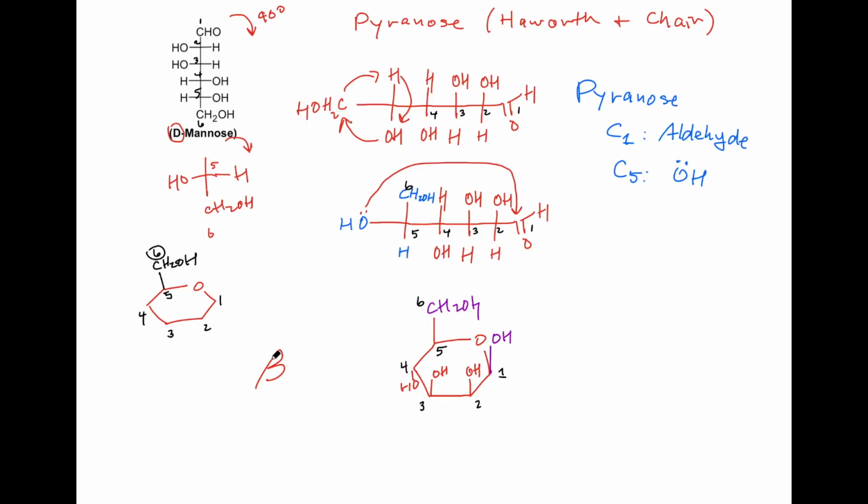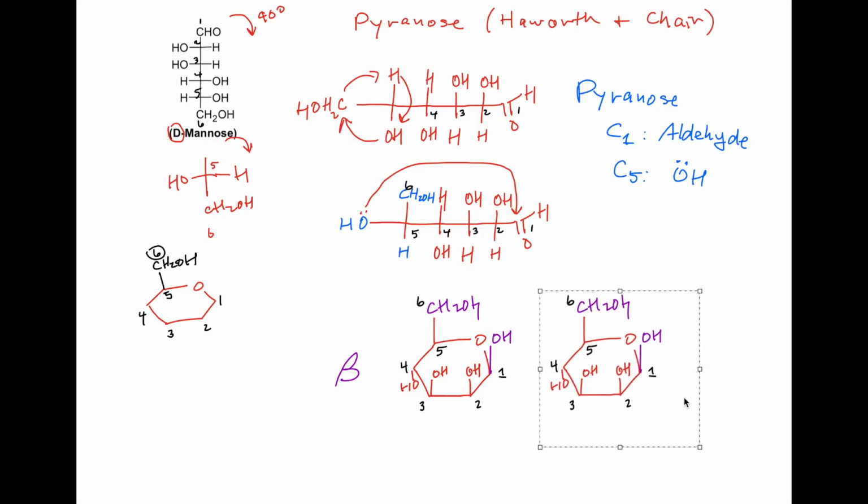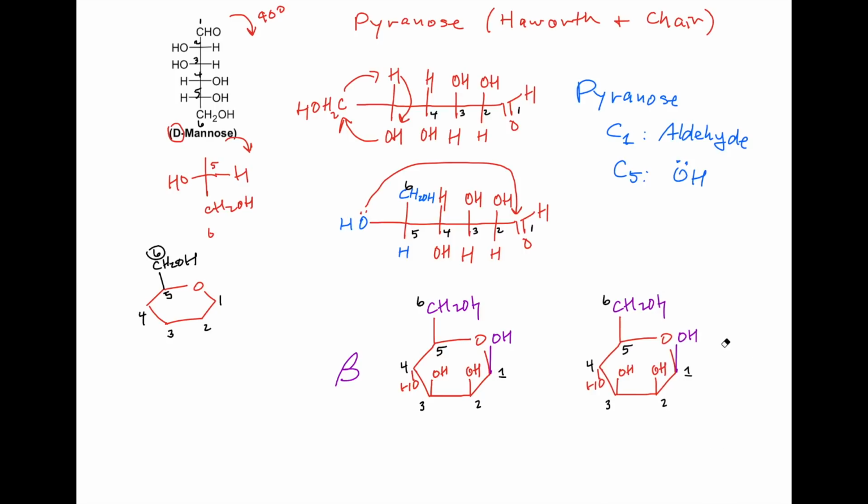So this is beta. Now if we want to draw the alpha anomer, we would literally copy the exact same molecule. However, now you're going to change this anomeric carbon. The anomeric carbon for a pyranose is at carbon number 1. So this is going to be facing down.